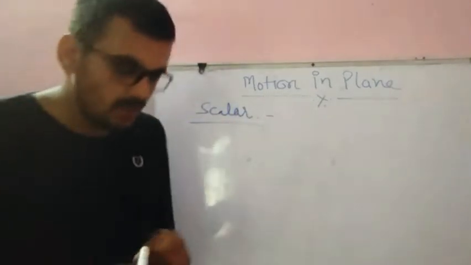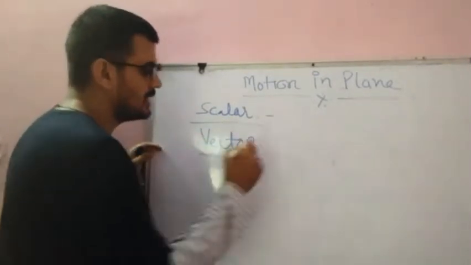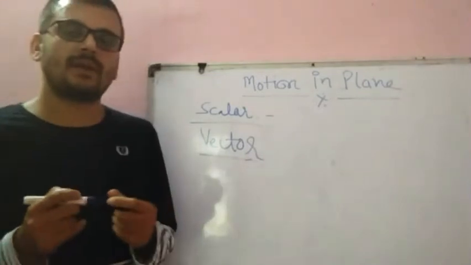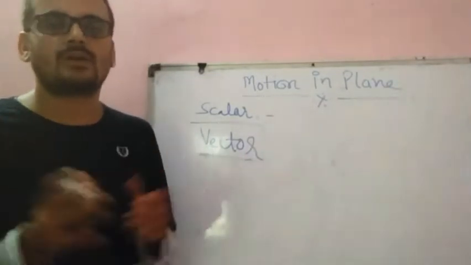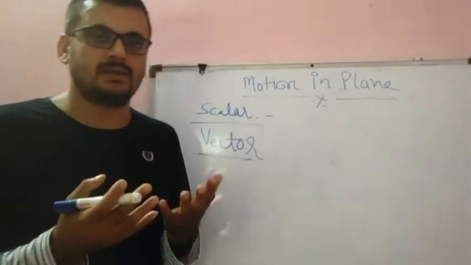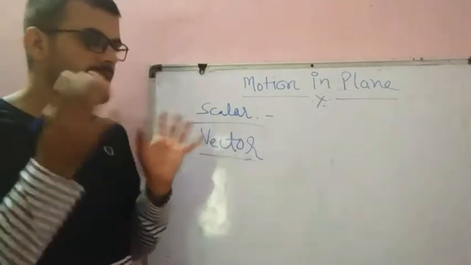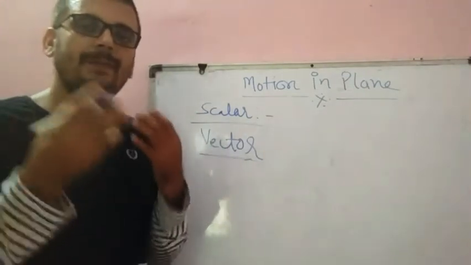Now coming to the vector quantity. So student, what is the meaning of vector quantities? Vector quantities are those quantities which require magnitude as well as direction. Suppose I am taking velocity. I have told the velocity is 30 km per hour.